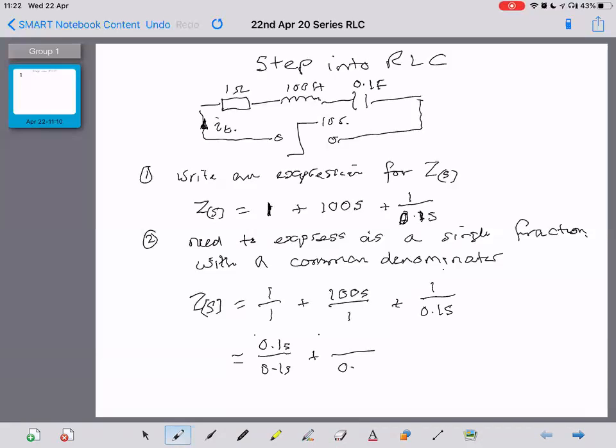Here, 0.1S, so we've got to do the same thing to the top, 0.1S times 100S.